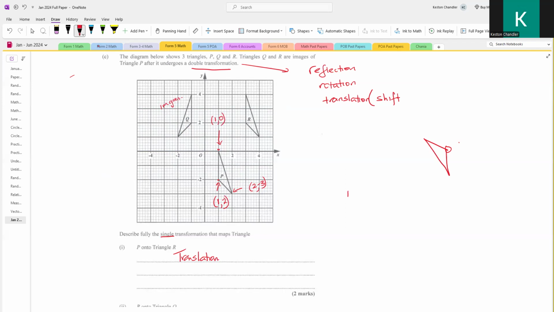We have 1, 0. We have 2, -3. And we have 1, -2. This is my object.